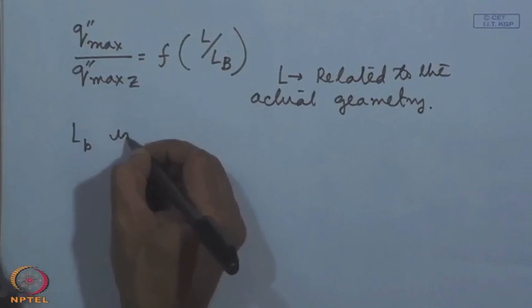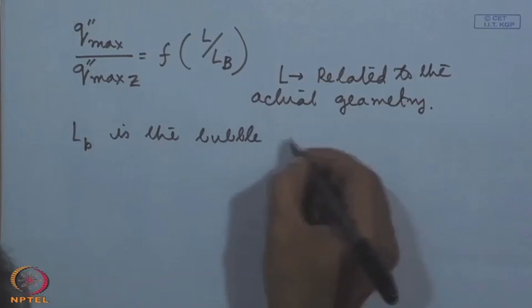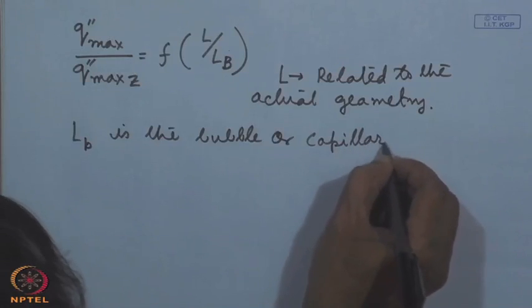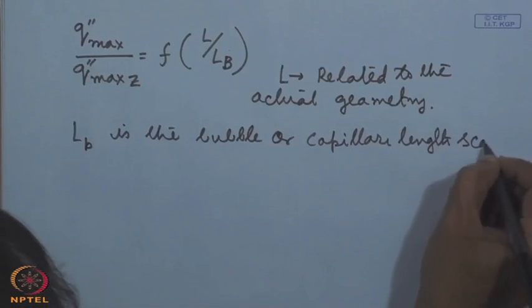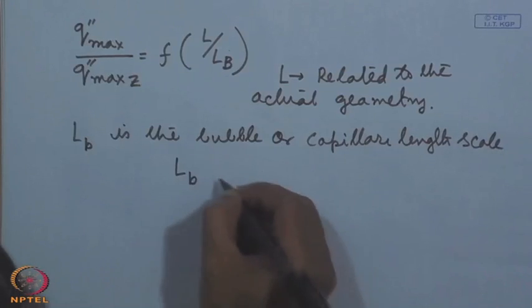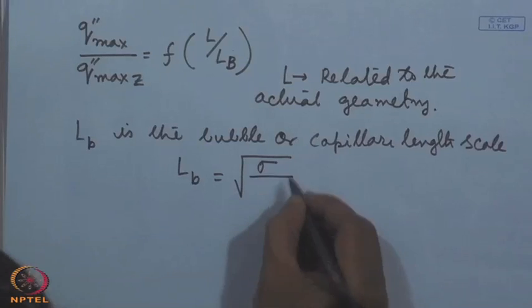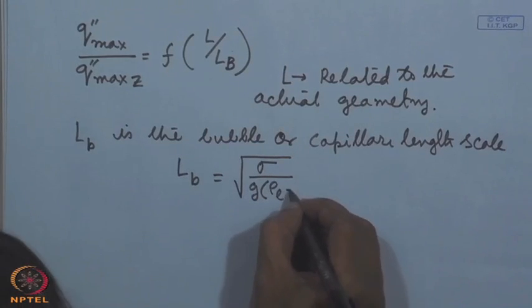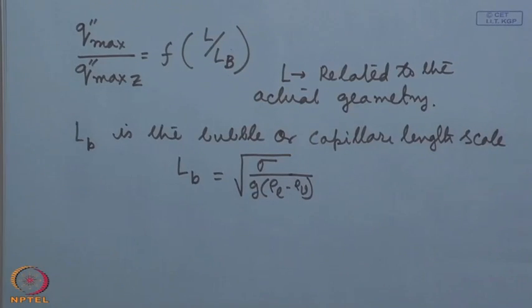LB is the bubble or capillary length. So, LB is given by, with this expression we are familiar, the square root of sigma divided by g multiplied by rho L minus rho V. So, this is the capillary length scale, we are familiar with this.